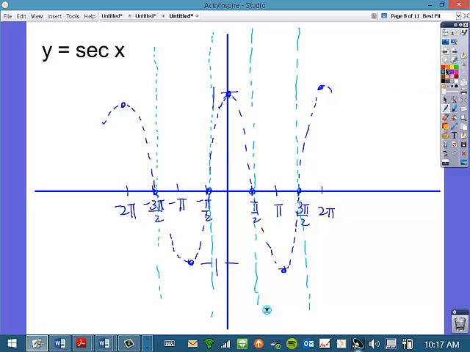So now when I go graph my secant function, basically you just follow along the asymptotes. And there we go, that is the secant function.